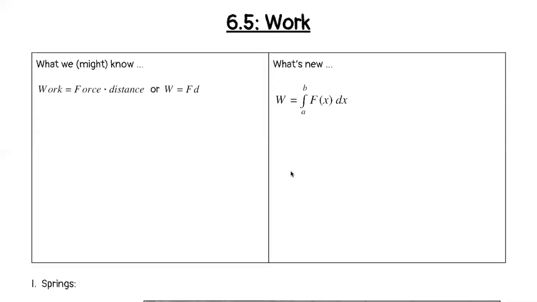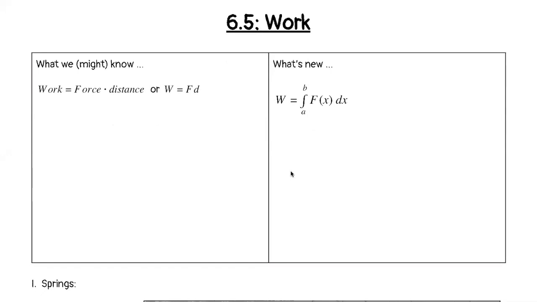Okay, so we have 6.5 in the textbook, which is a section called work, right? Depending on what courses you have taken so far, or what your academic or professional background is, you may or may not know that this idea of work is nothing more than force times distance, okay?